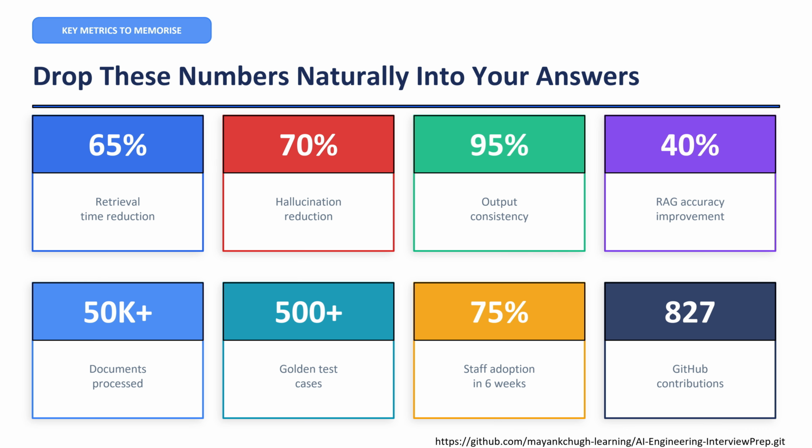65% retrieval time reduction. This is your flagship RAG outcome. Lead with this when talking about end-to-end systems. 70% hallucination reduction.